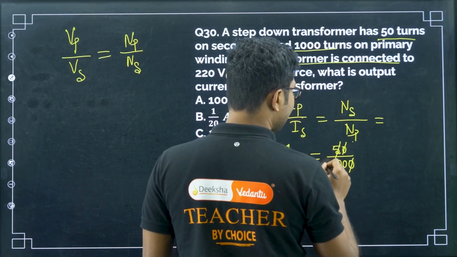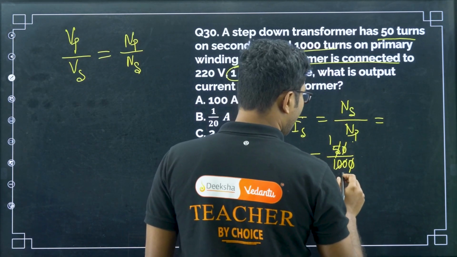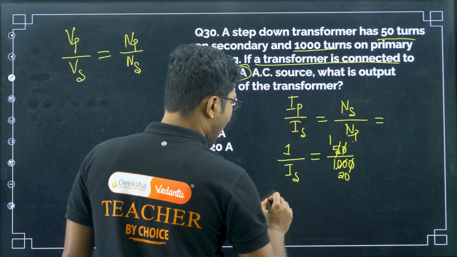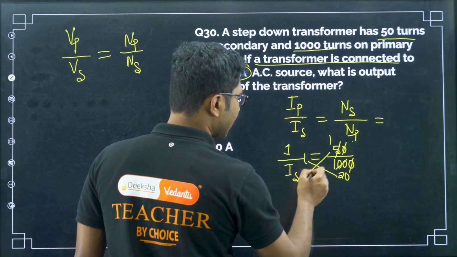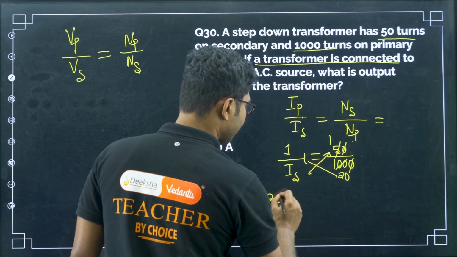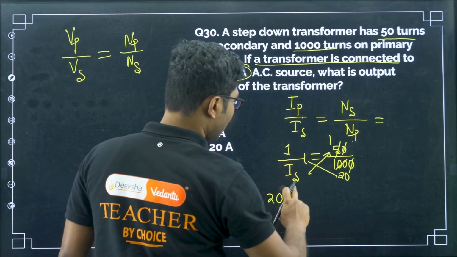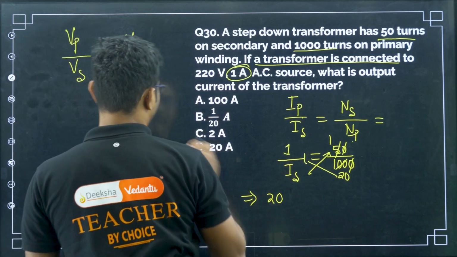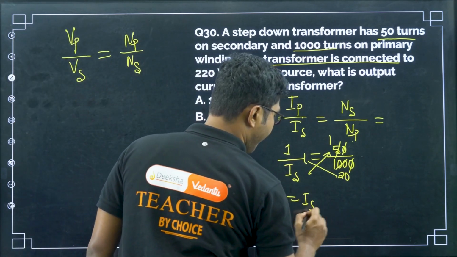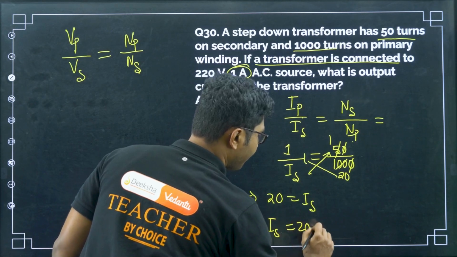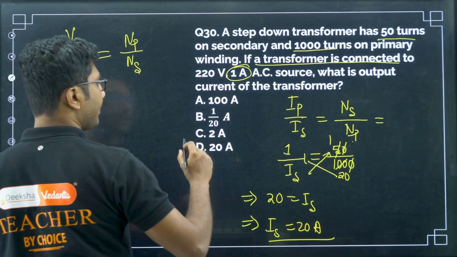So zeros cancel, 5 ones are 5, 5 20 is 100. You do the cross multiplication. So 20 equals IS, or IS equals 20 ampere. So 20 ampere is the correct answer.